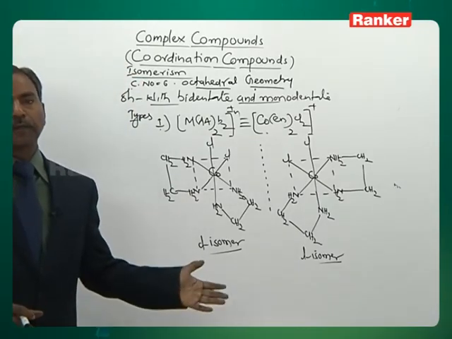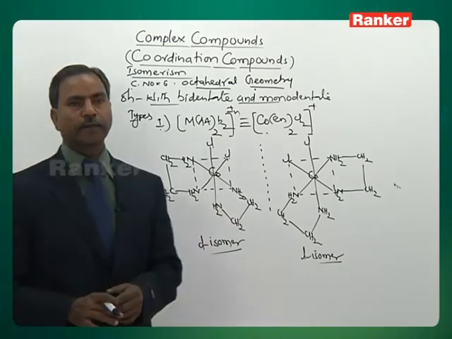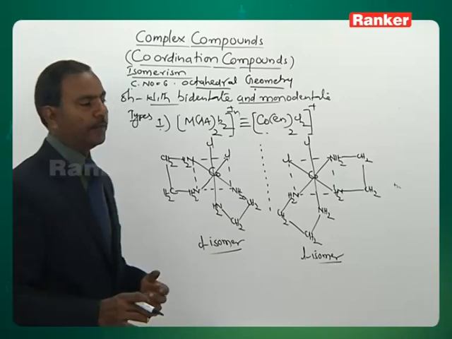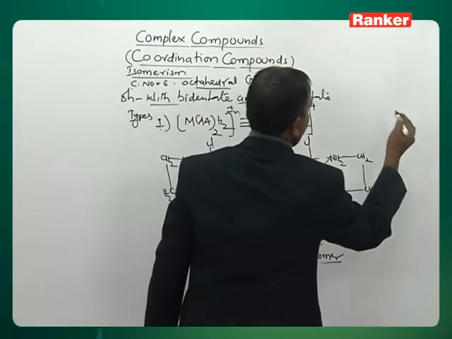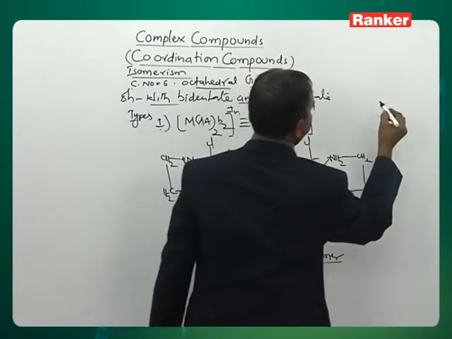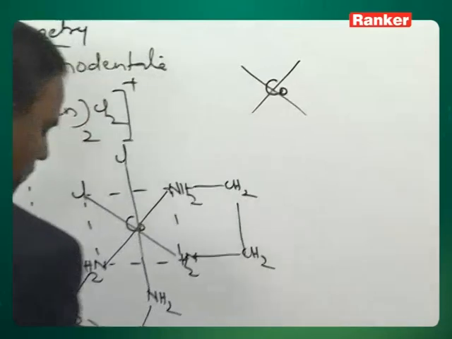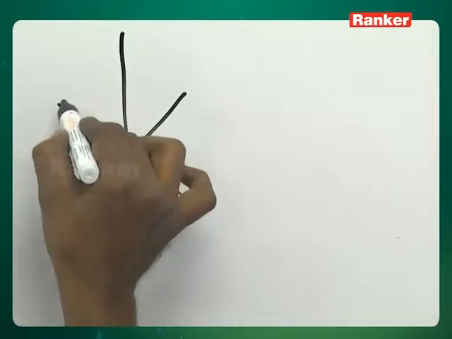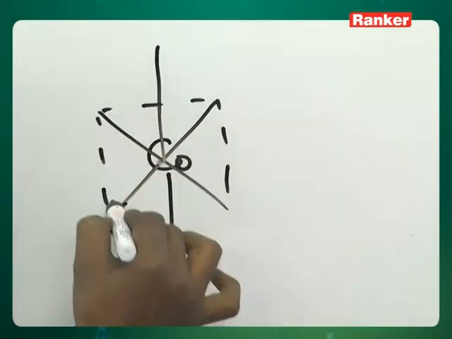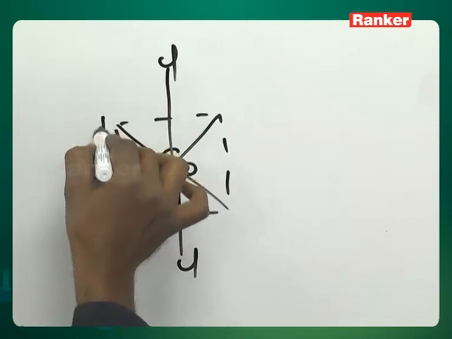I said trans is not optically active. Let us write a trans structure and let us see how it is optically inactive. See, I am writing a trans for this. Cl I am keeping in a trans position.